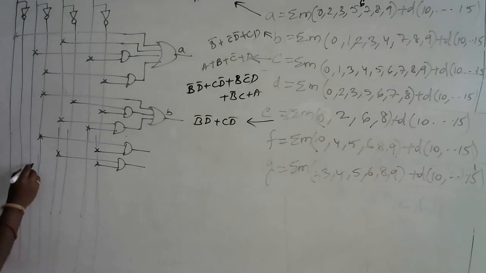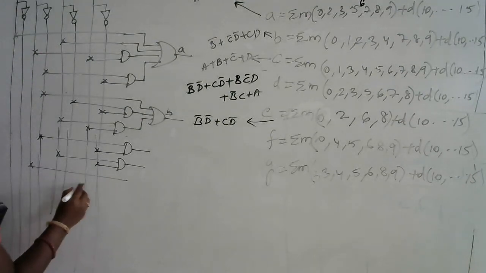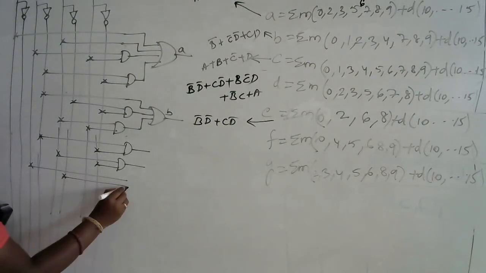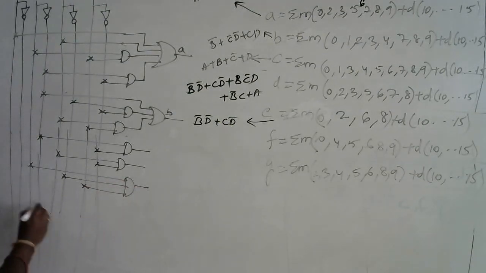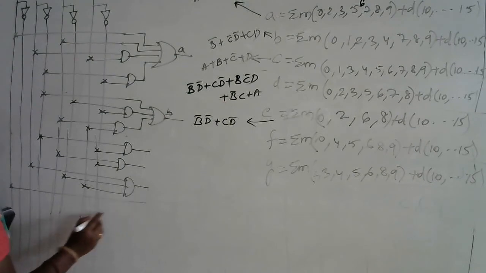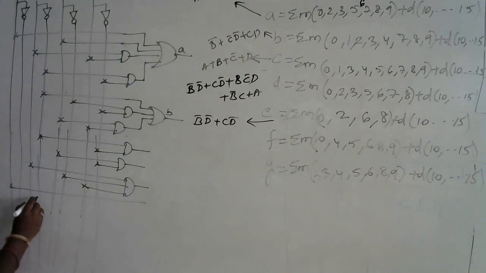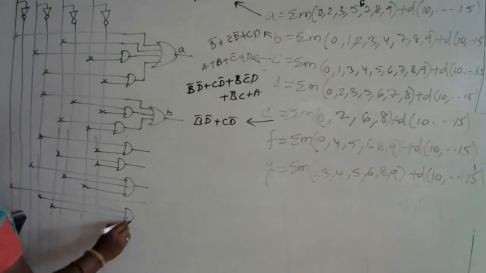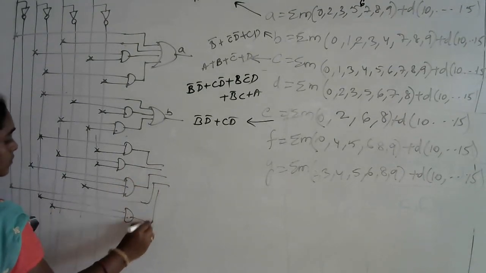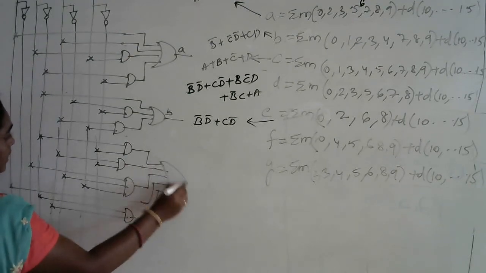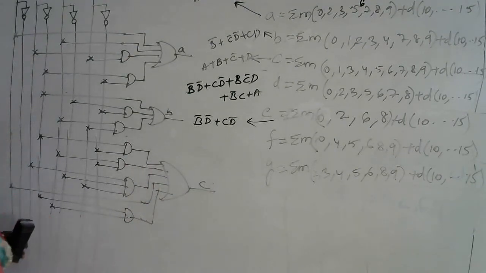B C bar D. This is B C bar D. Another AND gate. One is A and the other one is B bar C. This is B bar. This is C. Again these AND gates. All these gates should be connected towards which gate? OR gate. This is for C.